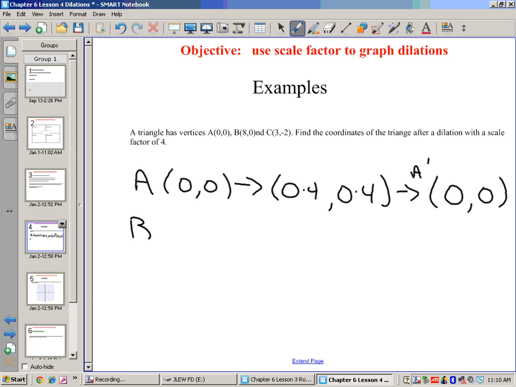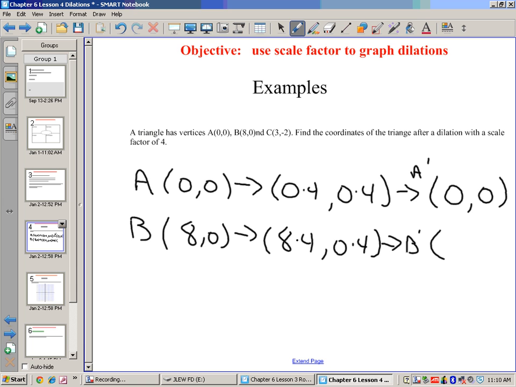B. Our coordinates are (8, 0). Now we're going to multiply each one by 4. That gives us our B prime, which are new coordinates. 8 times 4 is 32. 0 times 4 is 0. And C. C is (3, -2).